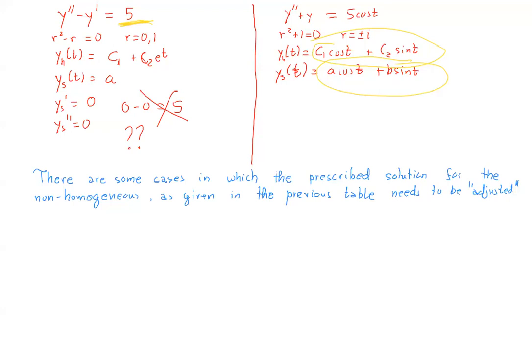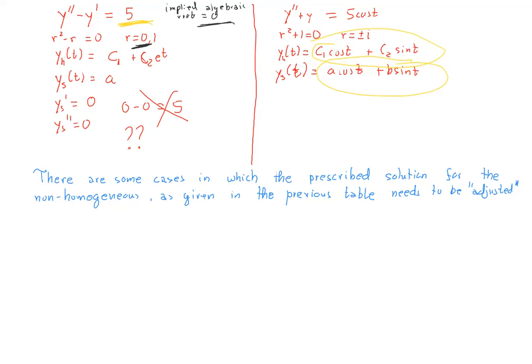And the answer is, if you have a constant solution, the implied algebraic root for what you have on the right is 0. Because when you have 0, you have the solution e to the 0t, or c1 e to the 0t, which is a constant. But this implied solution happens to be an actual solution of the homogeneous one.